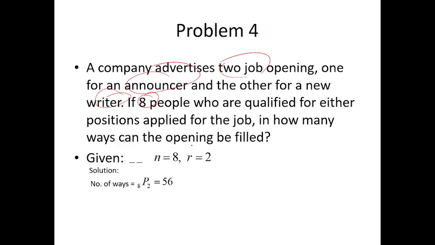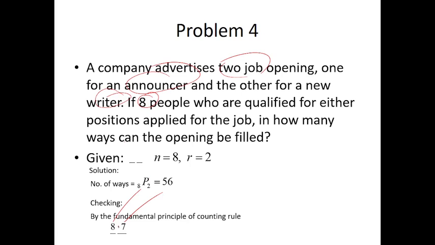We can check that by the fundamental principle of counting rule. It is just 8 times 7. First, announcer: 8 are qualified. Second, new writer: only 7 are qualified, because the announcer cannot also be the new writer.